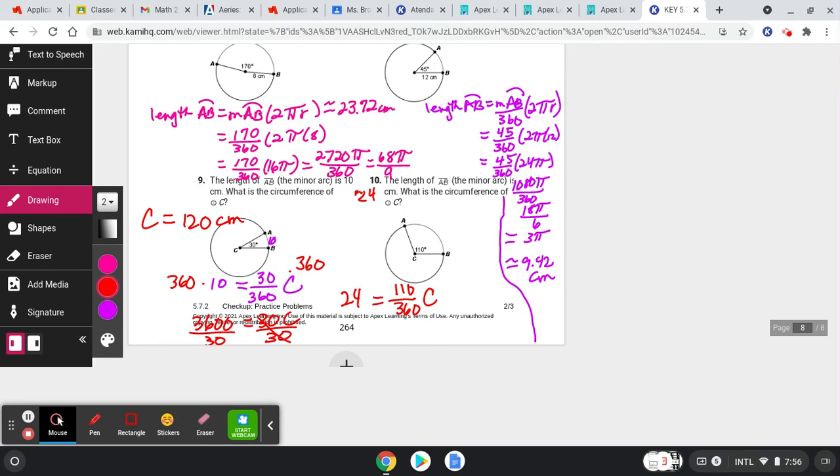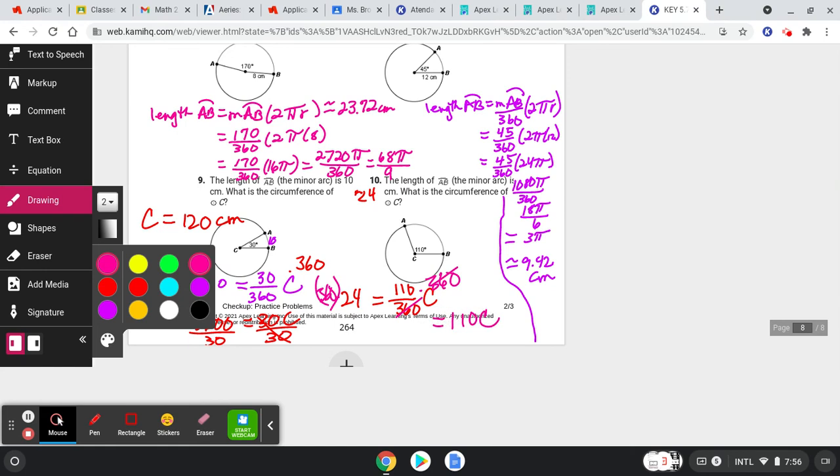So same 2 steps we just did over here, where we're going to multiply both sides times 360 in order to get rid of this denominator, and then we're going to divide by 110. So first 360 times 24 is 8640 divided by 110.